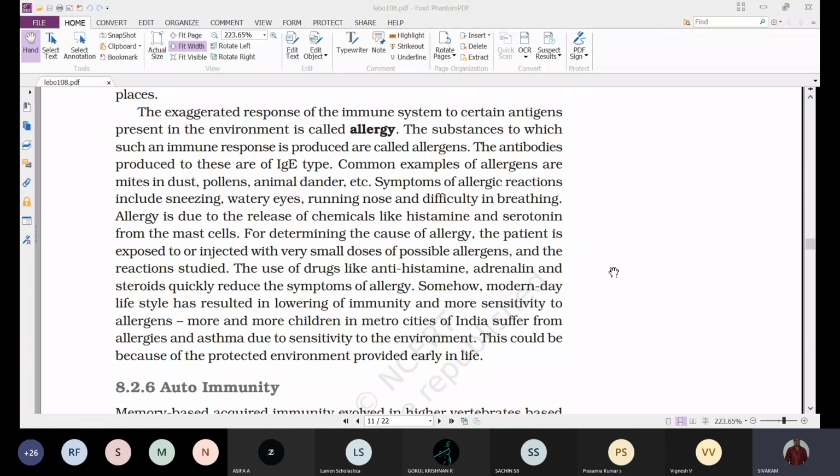As they are growing in a protected environment, they become sensitive to different substances and show allergic reactions when they are exposed to different environmental conditions. That is about this allergy.